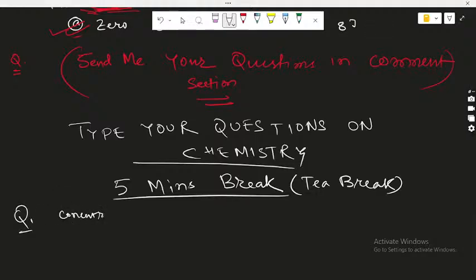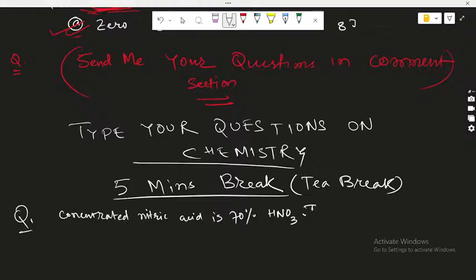Concentrated nitric acid is 70% HNO3. That is, out of the total solution, 70% is HNO3.